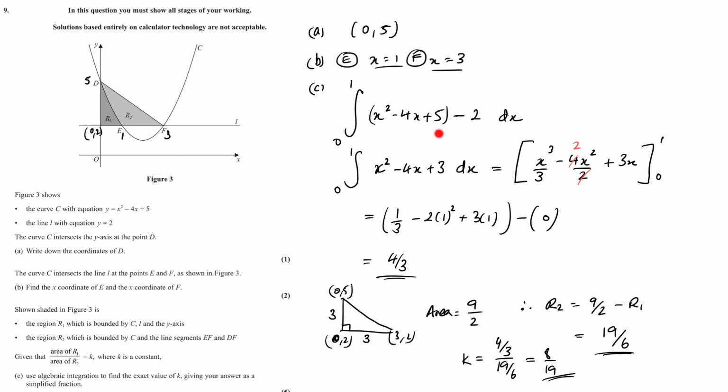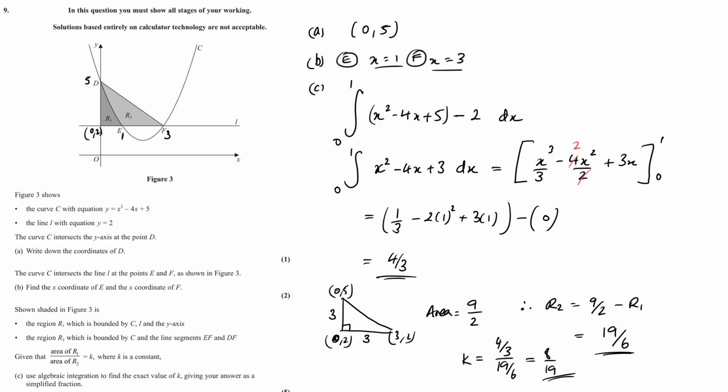So we have used some algebraic integration, but not all. Now, I've just checked the mark scheme off camera there, and it is perfectly fine to find R2 with another method, provided you've got a correct method for R1.